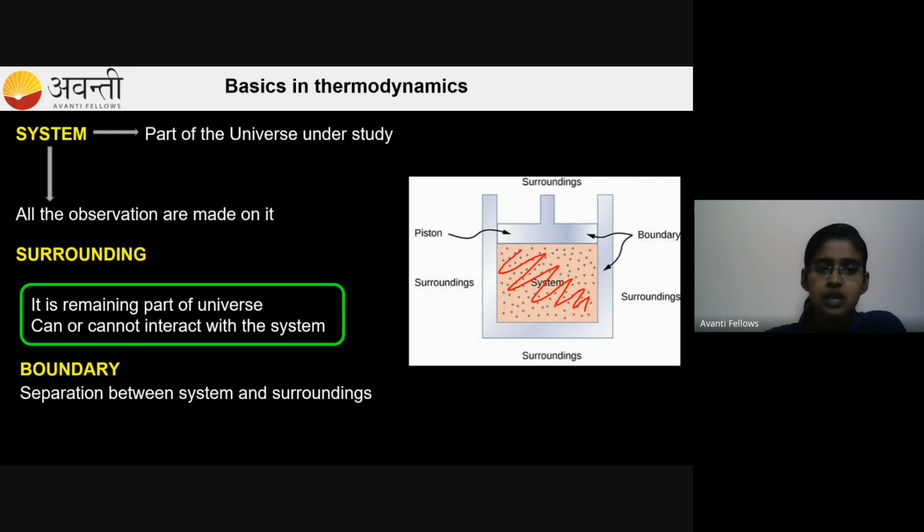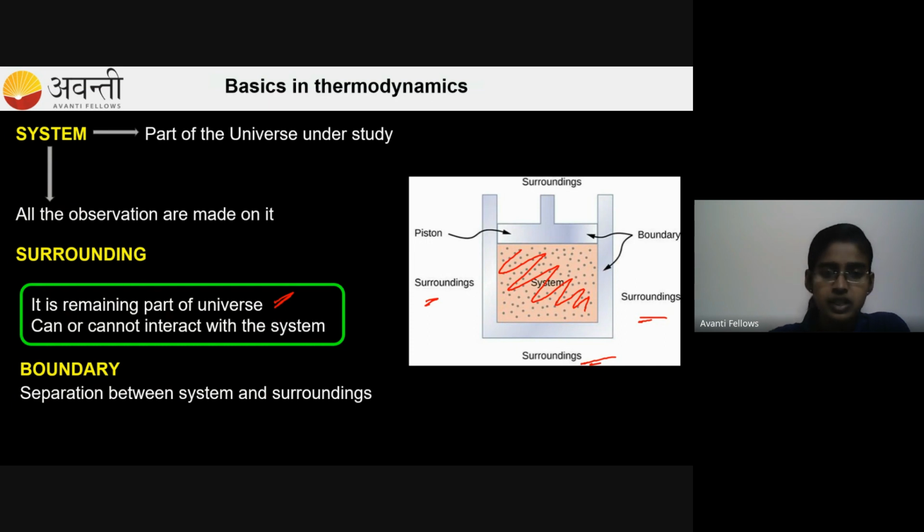Now, what is the surrounding? The remaining part of the universe. The remaining part, you can see here. The remaining part of the universe is the surrounding, and the boundary is the separation between system and surroundings. So this container is the boundary now. System, surrounding, and boundary: these three terms are very, very basic to thermodynamics.